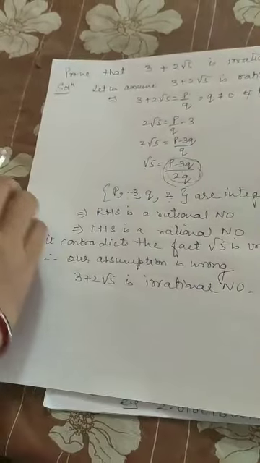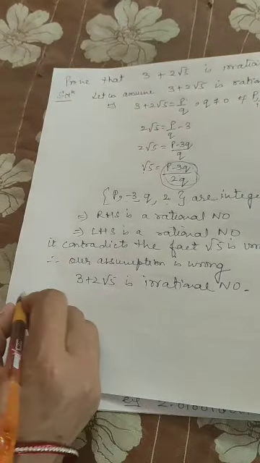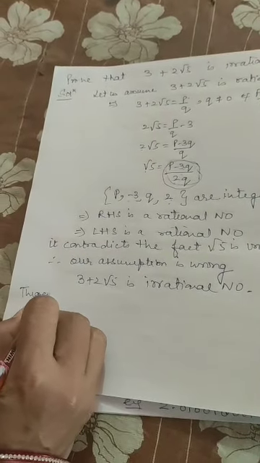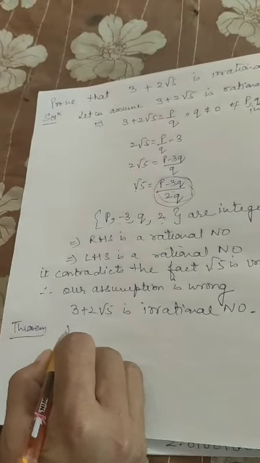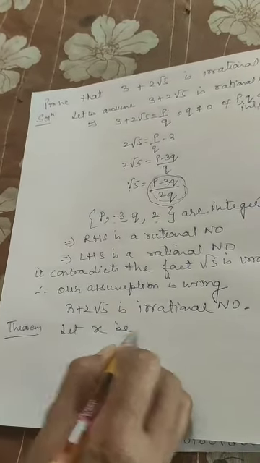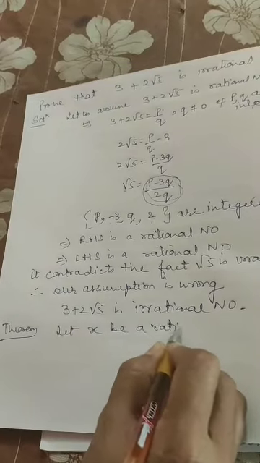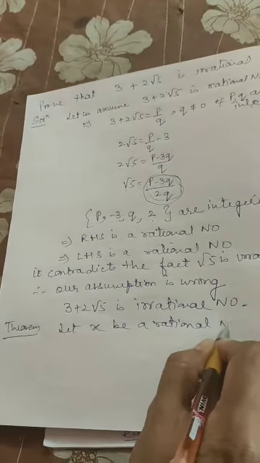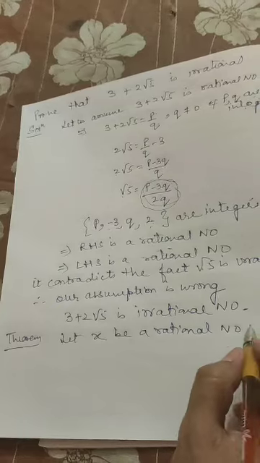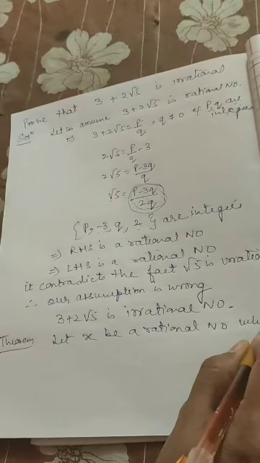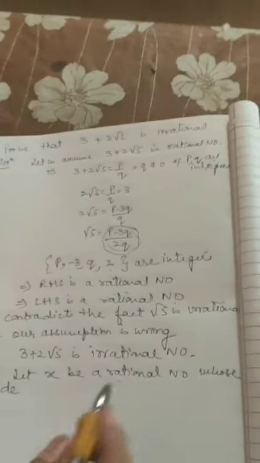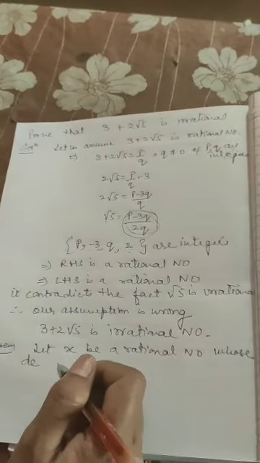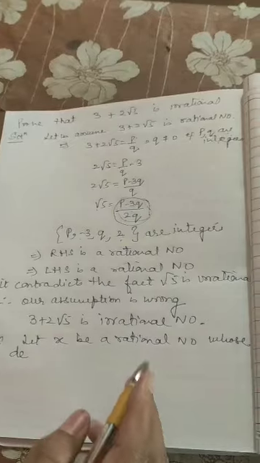Now children, there is one more theorem which says: let x be a rational number whose decimal expansion, I told you, for a rational number the decimal expansion is either terminating or non-terminating but repeating.